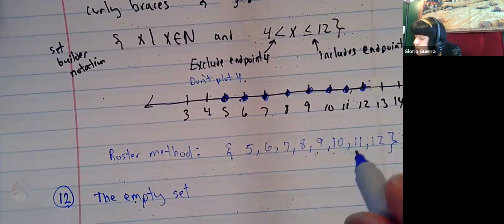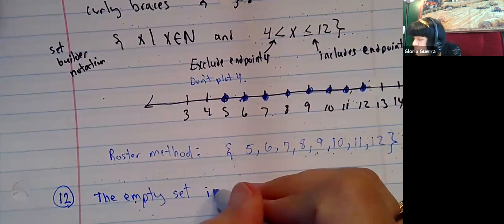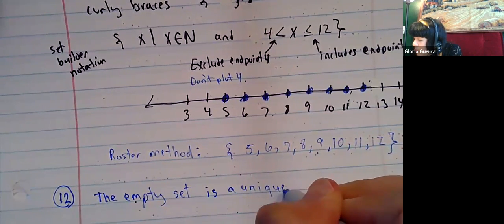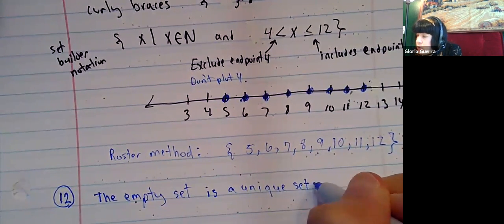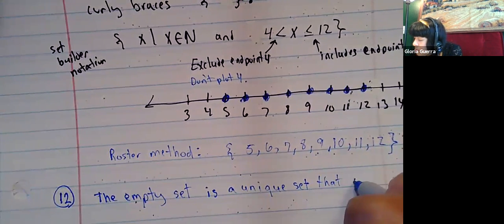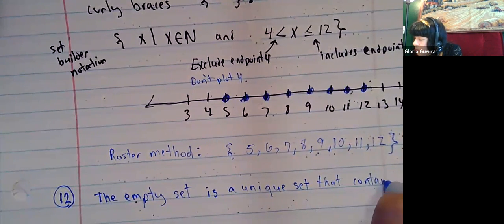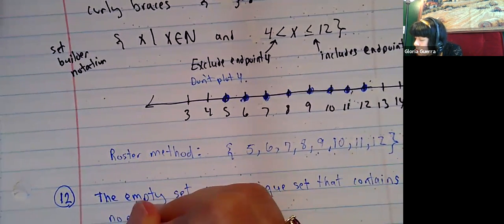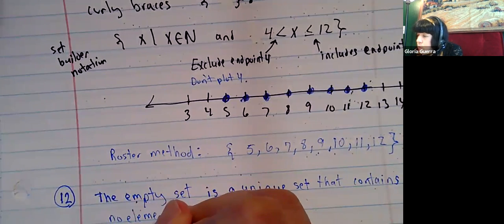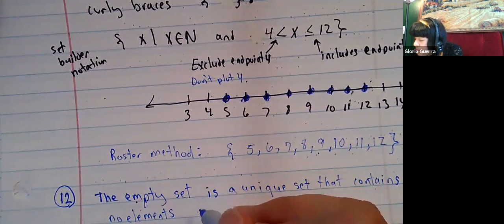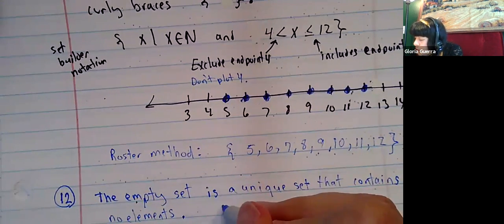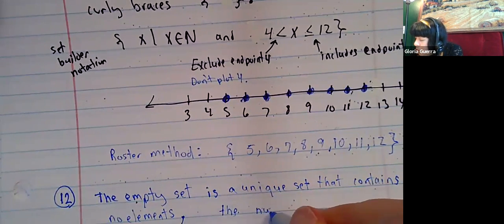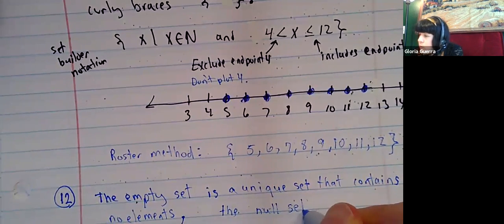So the empty set is a unique set that contains no elements.